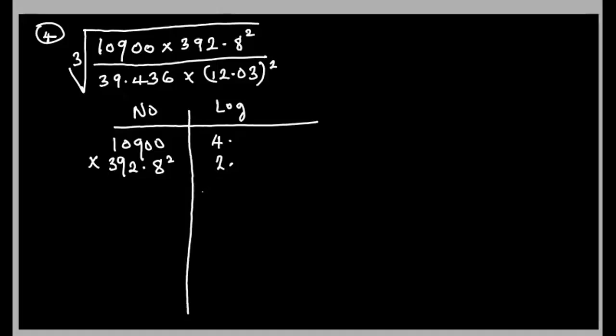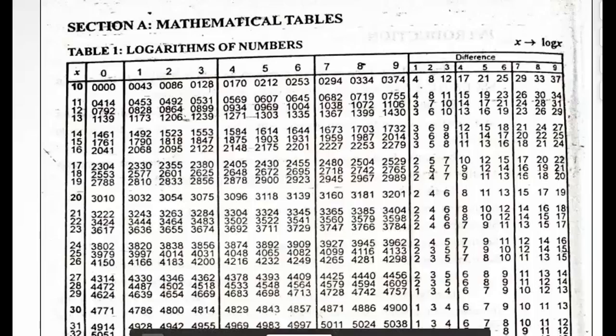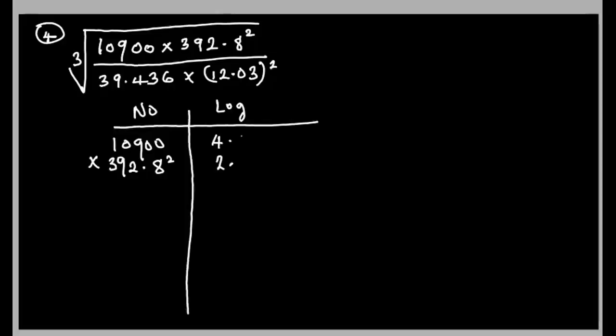So let's get their logarithm values one after the other. Beginning with the first one, we will do 10 under 9. Yes, just 10 under 9, and that's all. We don't have a difference. As you can see, 10 under 9 is just 0374.